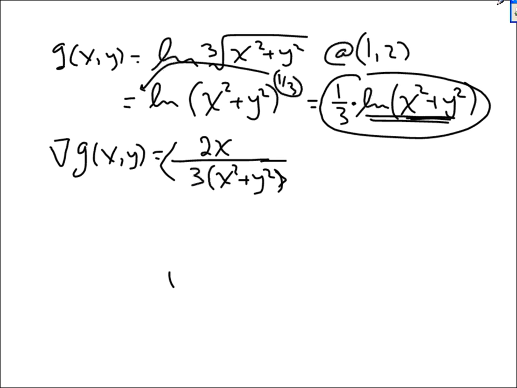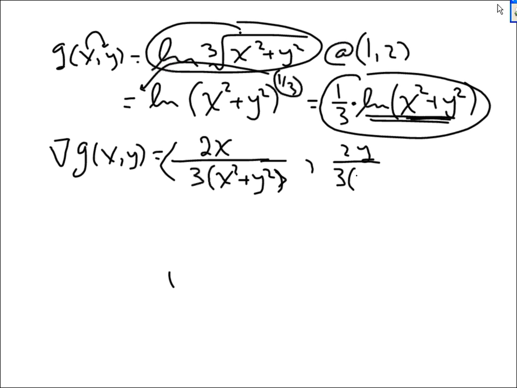And then again, if you interchange x and y, you get back the same answer. What you're going to get is 2y over 3 times y squared plus x squared. Or you can say, there's this 3, the derivative of ln of anything, put the anything on the bottom, and put the derivative with respect to y this time on top, which is 2y. So that's the gradient.